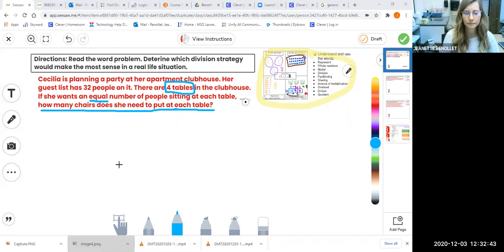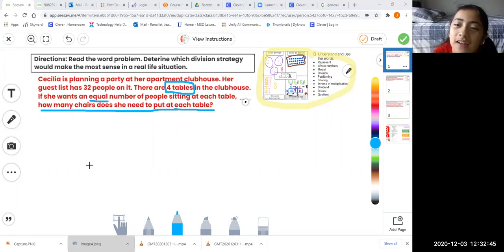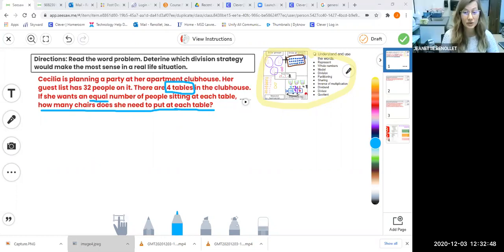I think equal groups. I think a lot of us were thinking about groups because the problem tells us that there are 4 tables. So when I close my eyes, I'm picturing tables.